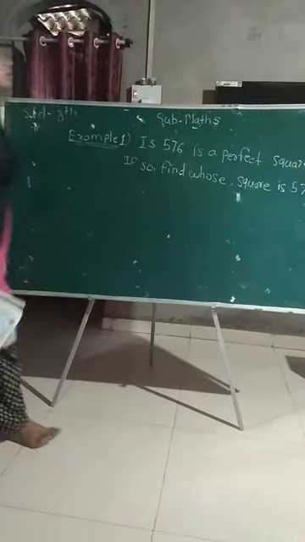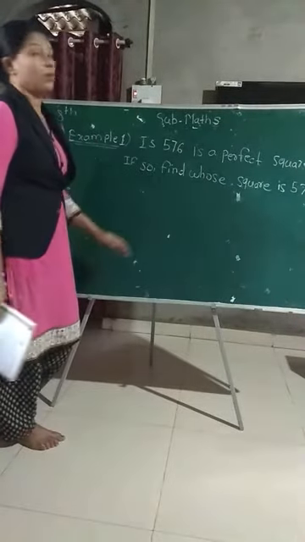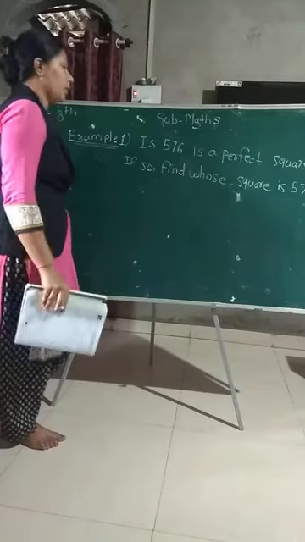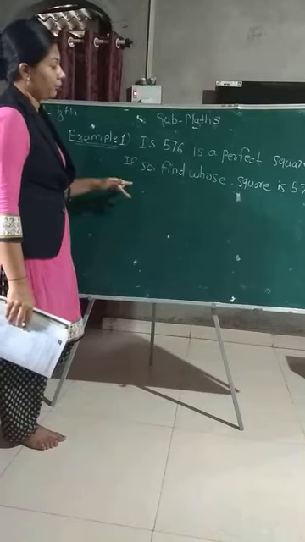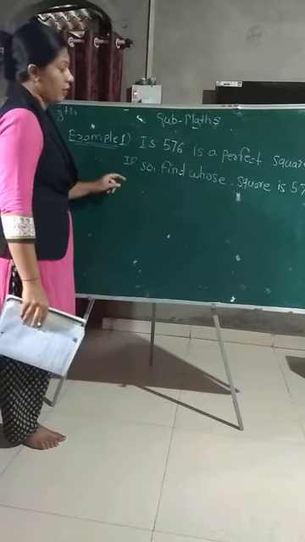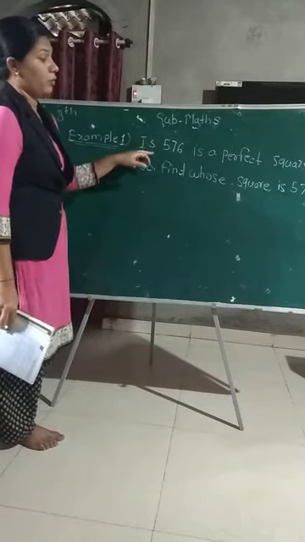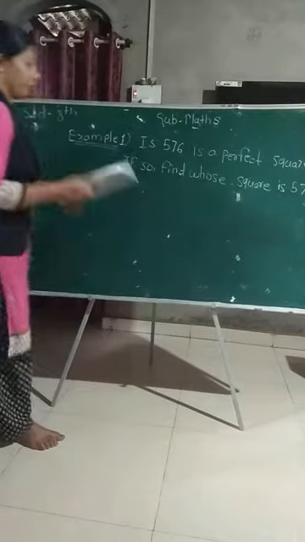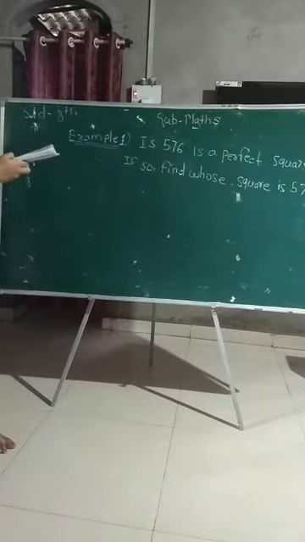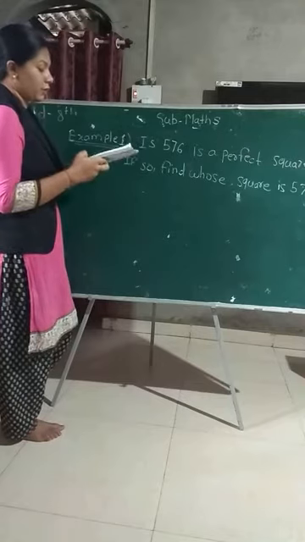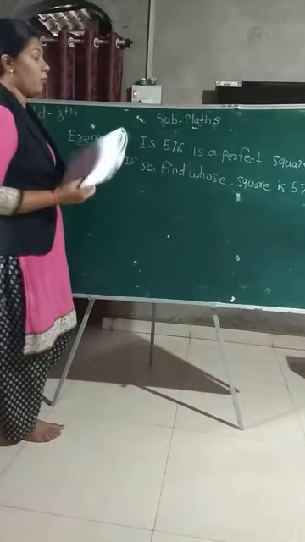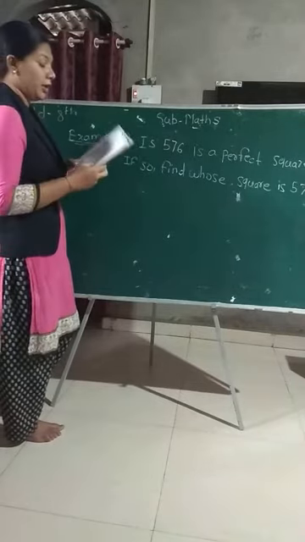Generally we know squares of numbers from 1 to 20, but here we cannot easily identify whether it is a perfect square or not. So to find the square root of this number, firstly we find the prime factors of this number, 576.